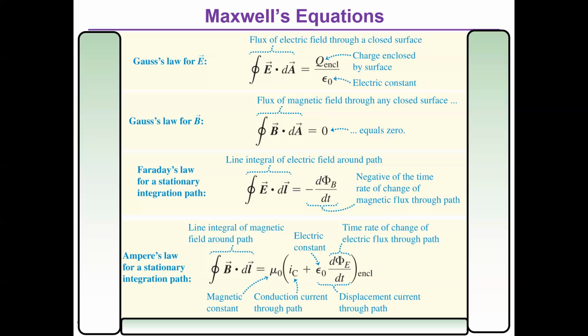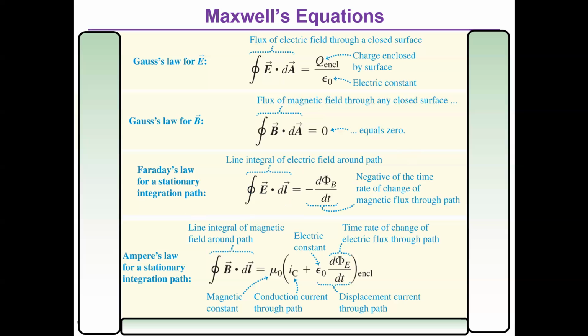The third Maxwell's law is Faraday's law for a stationary integration path. Right here, we are integrating with respect to the line, which we call a line integral, and the line integral of the electric field around the path, which is E dot dl. This small closed circle right here represents a closed path.